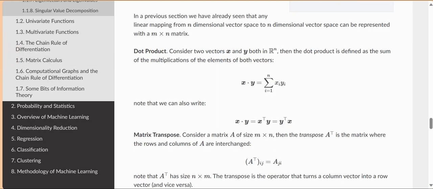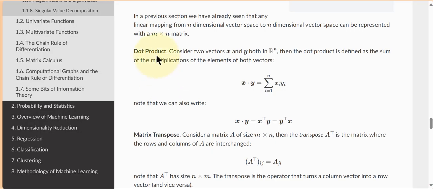And we will see that when we construct neural networks, we take the weight matrix times a vector. So what does that tell us? That part of the process of the neural network is a linear map.